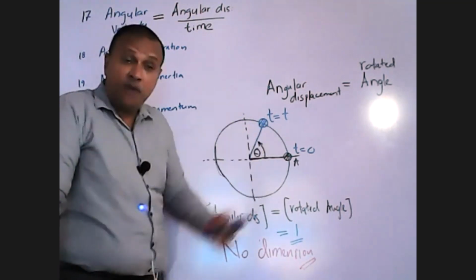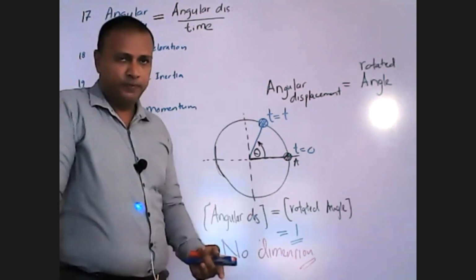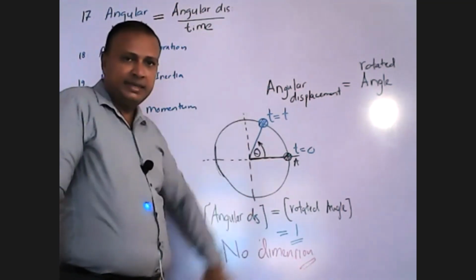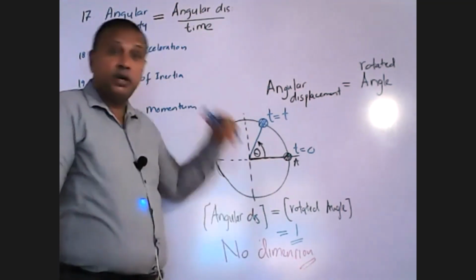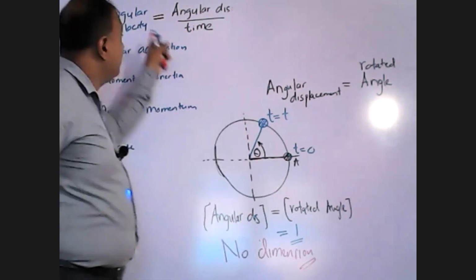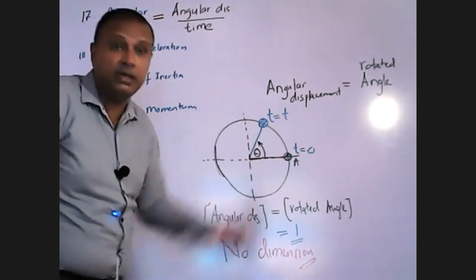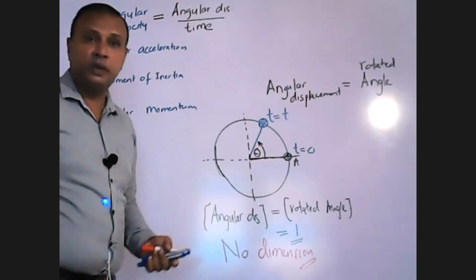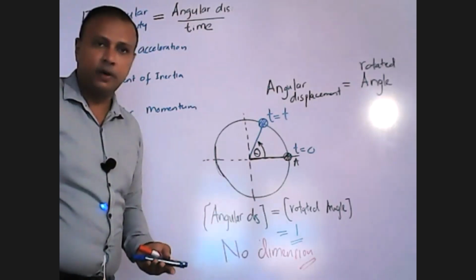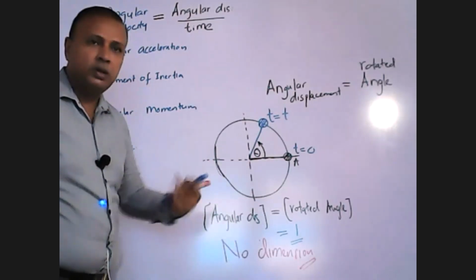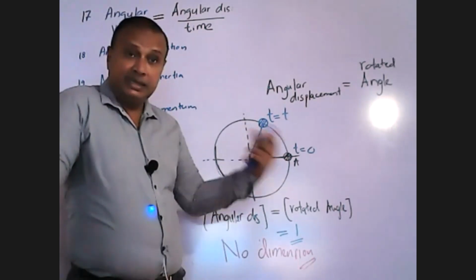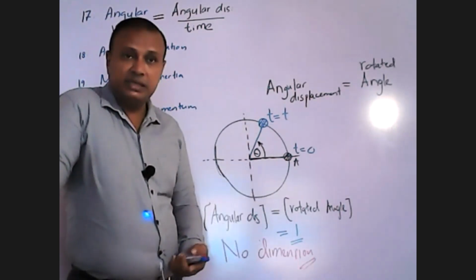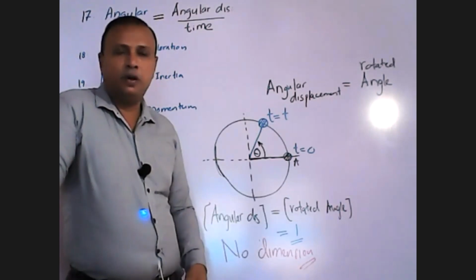So we can define angular velocity too. Angular velocity means angular displacement over time. It is very similar to linear displacement and linear velocity. Actually, it is the same definition as linear velocity.